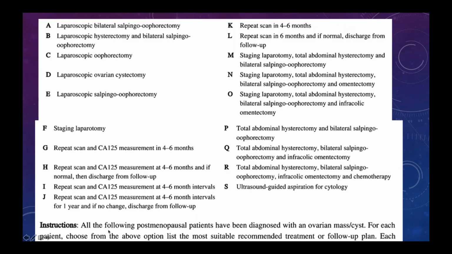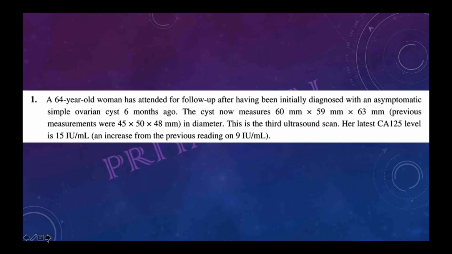Okay. Few questions are left. It is becoming very long. So these are the options. So 64-year-old woman with simple cyst 6 months ago was asymptomatic. Now the measurement is done. Previous ultrasound scan measurement is this.